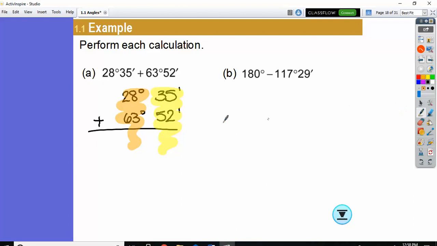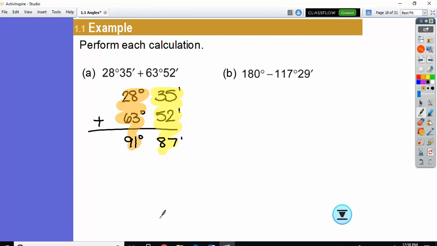So for the minutes, 35 minutes plus 52 minutes. For the degrees, 28 degrees plus 63 degrees. So let me ask you a question. If you're giving directions to somebody and you say, okay, it's about an hour and 87 minutes away, would you say that? Why? Because you just round it up and it's not practical. Right.